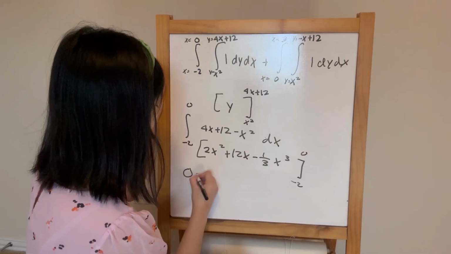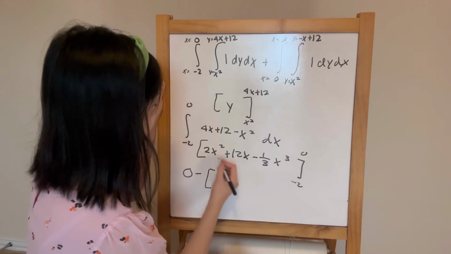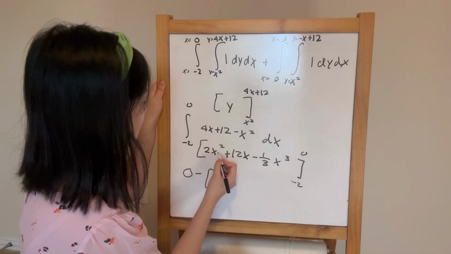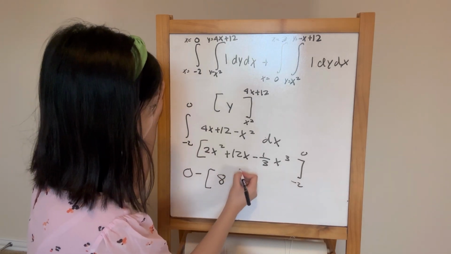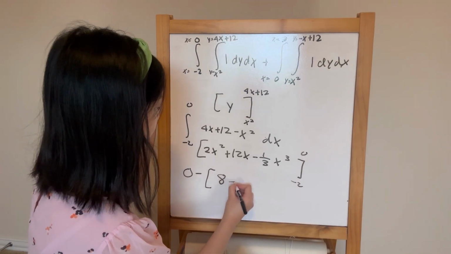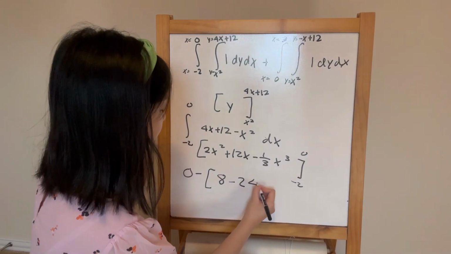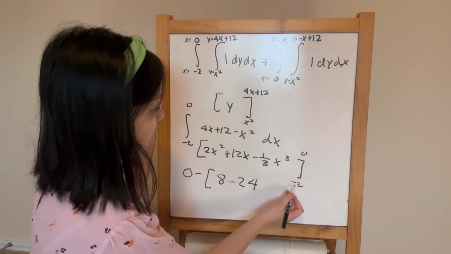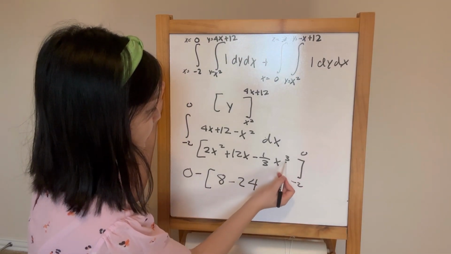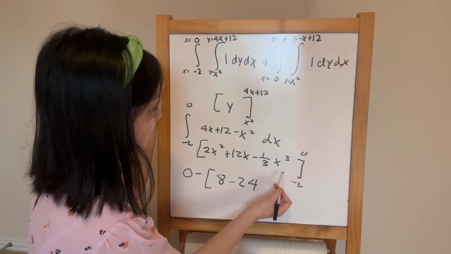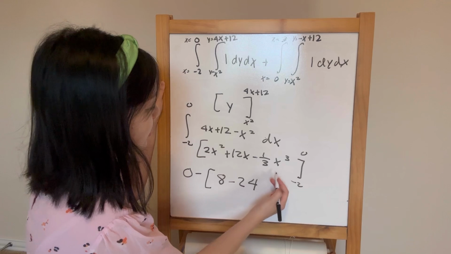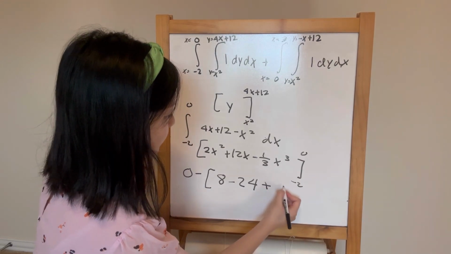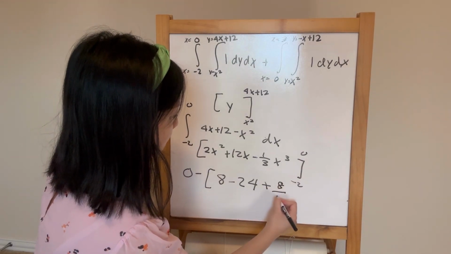So that's going to be 0 minus negative 2 squared, that's going to be 4, 4 times 2, that's going to be 8. Negative 2 times 12, that's going to be minus 24. And then negative 2, plug it in here, that's going to be negative 8, and we have a negative right here, so that's going to be positive 8/3.